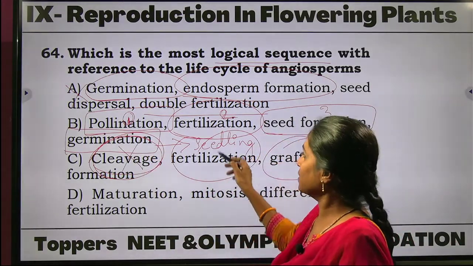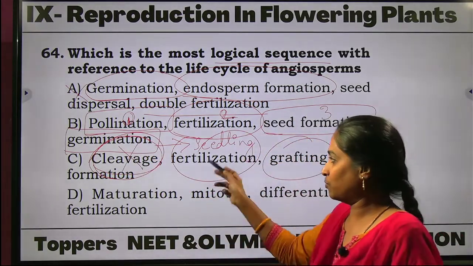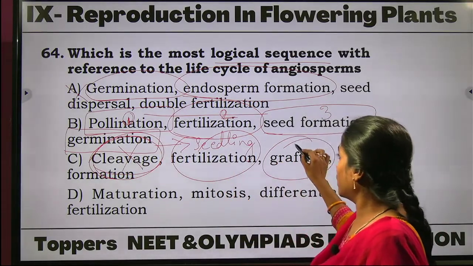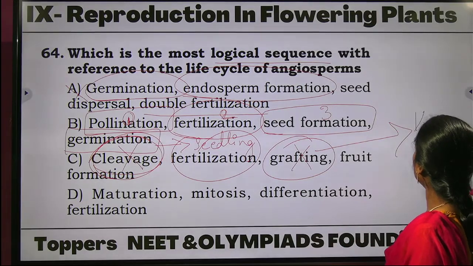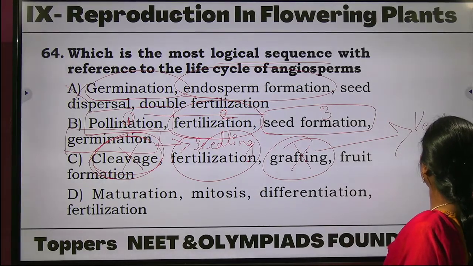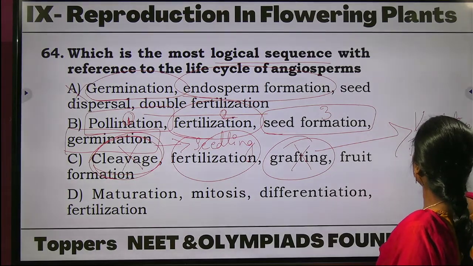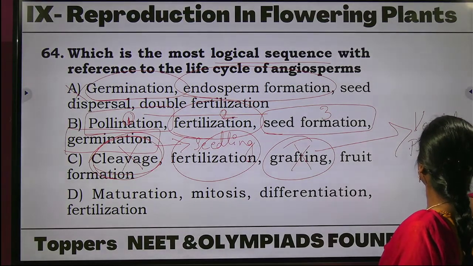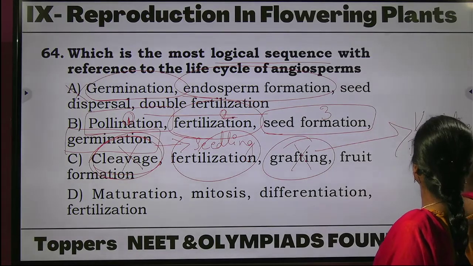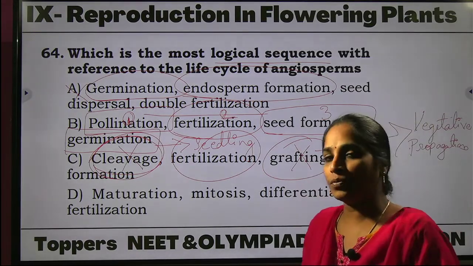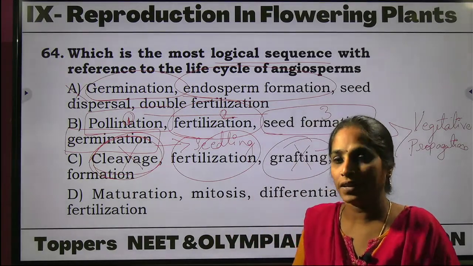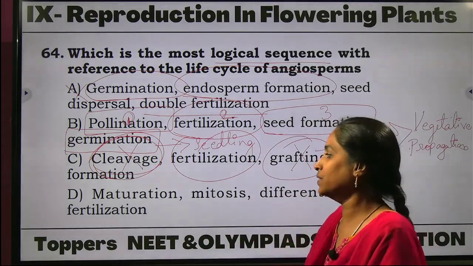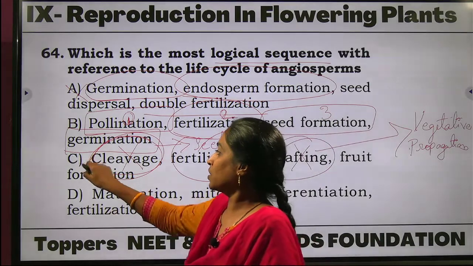Fertilization might be in the correct sequence, but before this it's a wrong option. Grafting is asexual, nothing but artificial vegetative propagation. This is completely non-related. And the fruit formation itself: by the fruit are we getting a new plant? No, by the seed we will be getting the new plant, and this is the wrong option.